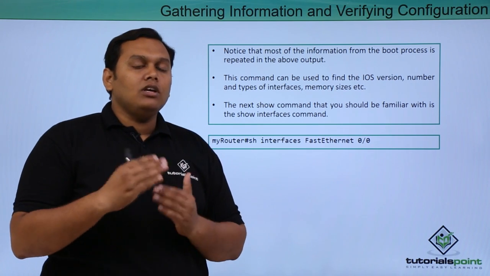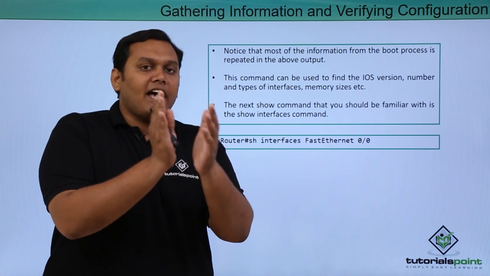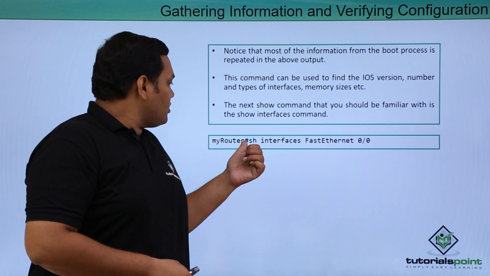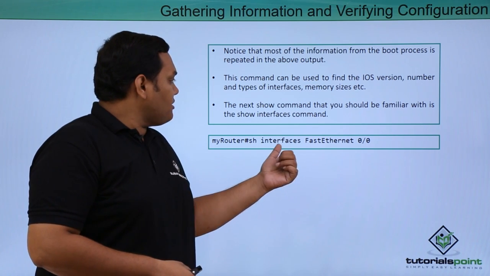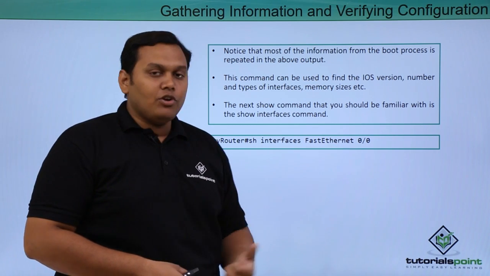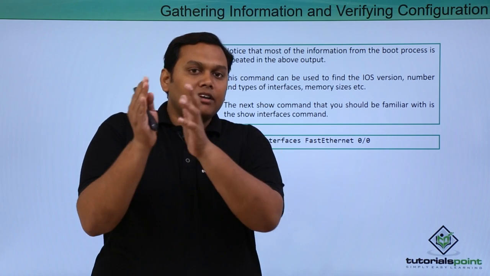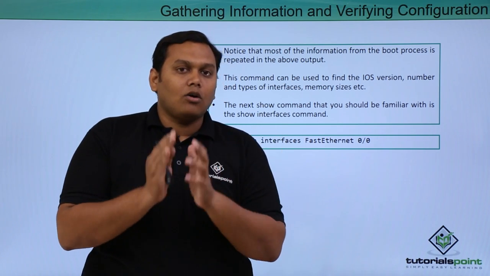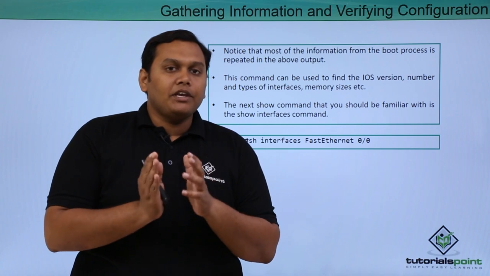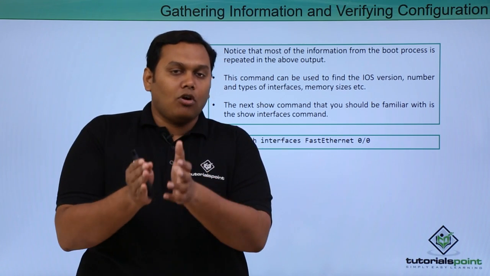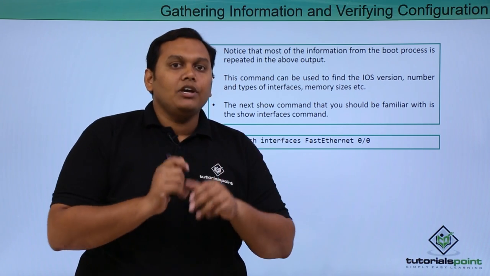On my router, when you want to configure the FastEthernet interface, you type the command show interfaces FastEthernet 0/0. This command will give you the available FastEthernet interfaces on the routers, and also make it clear which slot of which series should be configured.